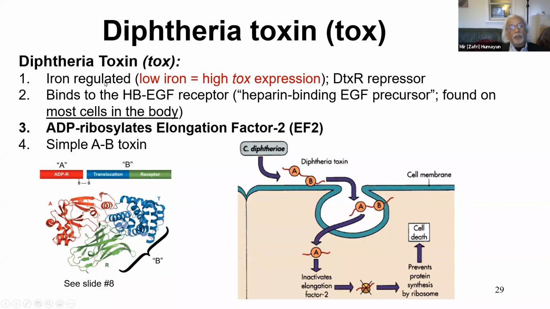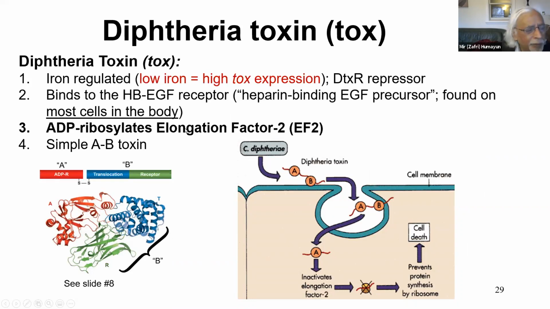Diphtheria toxin production is regulated by iron levels in the environment that the bacterium finds itself in. When the iron levels are low, the toxin is produced at high levels. The AB toxin binds to a particular receptor called the HB-EGF receptor.